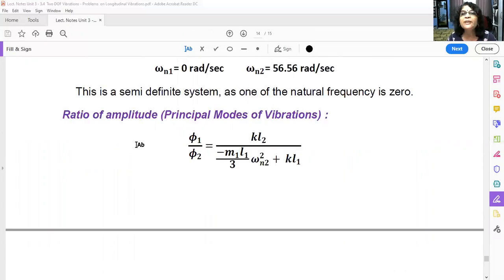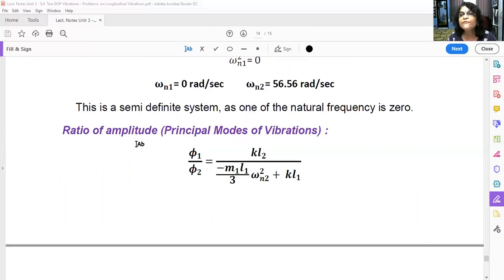Now ratio of amplitude means what we have to find out? Principal mode shapes, that is the ratio of phi1 upon phi2. So consider any one equation. I am considering this equation. First put the value of omega n1 here, that is 0 only. So what will you get?